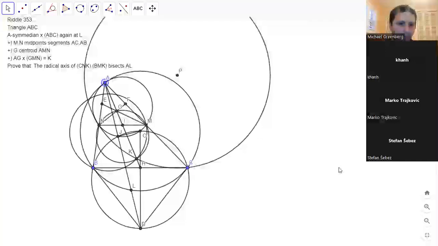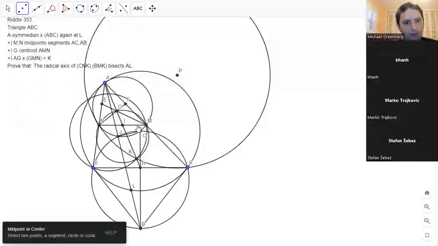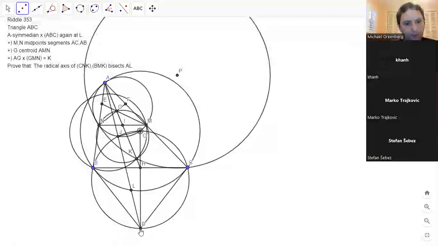Yeah, I'm going back to trying to use Casey's. So let's see, the center of this circle is the midpoint of OD.